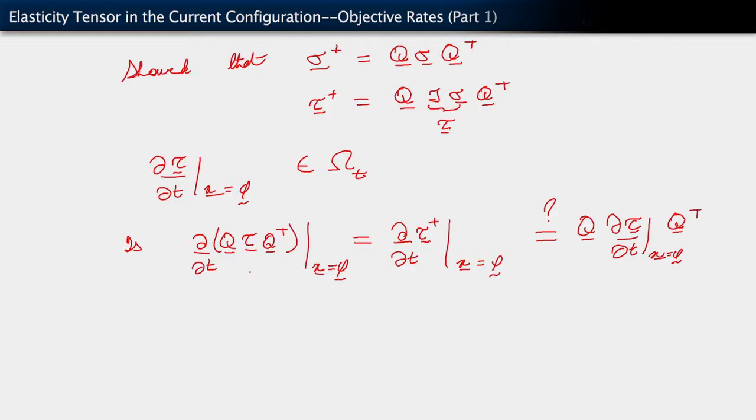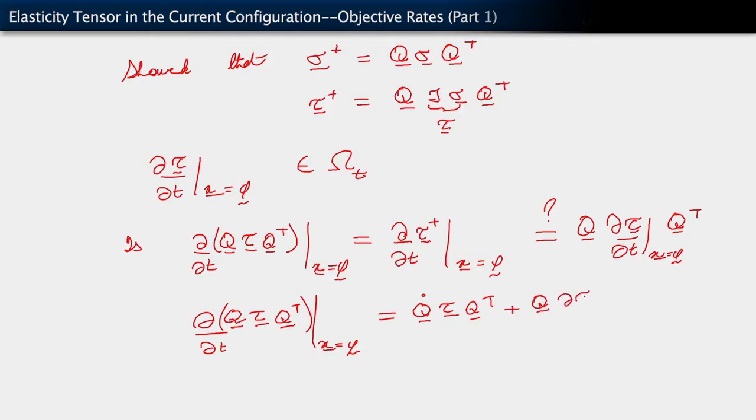If you just carry out this derivative, what you will see is that you get an object which has the form Q dot tau Q transpose plus Q tau dot Q transpose plus further terms.